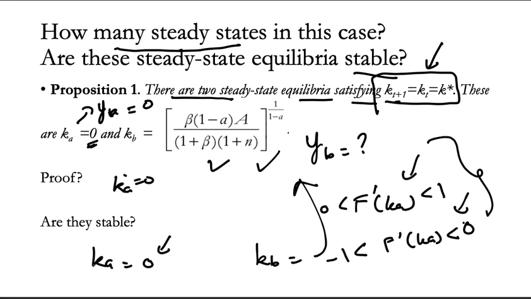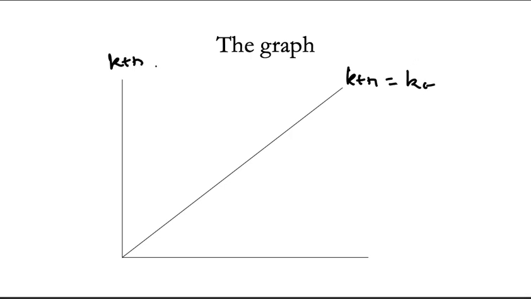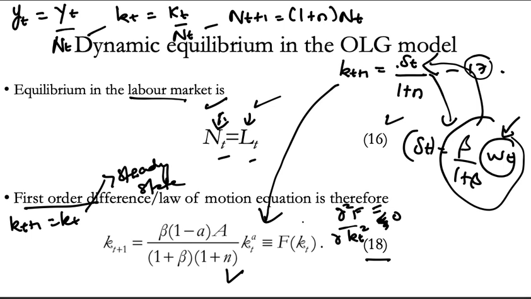Another way to show it is by looking at the graph. So we need to show the graph here. For the graph, we need to show the 45-degree line, where we have Kt plus 1 equals Kt, and then you have Kt plus 1 equals Kt here. Now, check all the properties like the way we did for the Solow model.